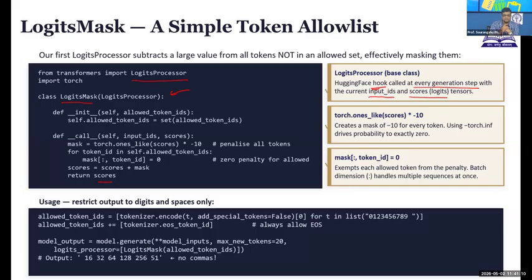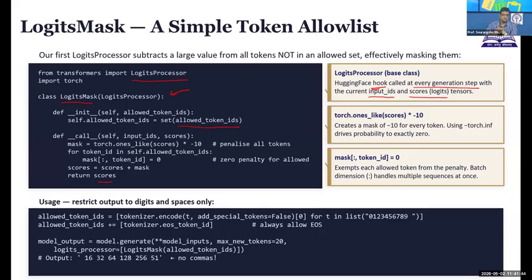Here we are showing the implementation of this logits mask class. What does this logits mask class do? It basically has a list of allowed token IDs. So you are allowing some token IDs at each time step. Only these allowed token IDs will be allowed, and then it will recalculate the scores.